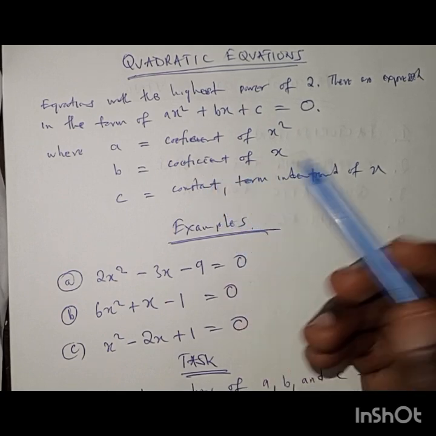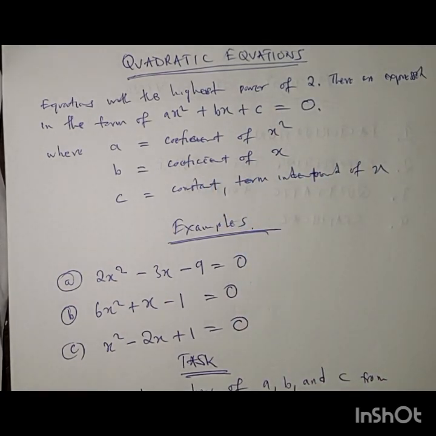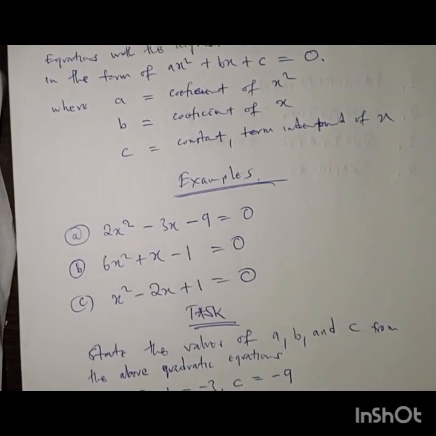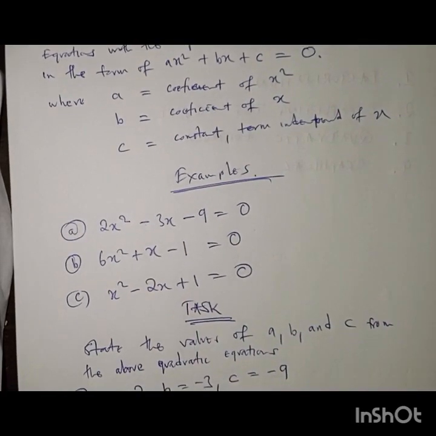Okay, so where a is the coefficient of x squared, b is the coefficient of x, and c is a constant, and that is a term independent of x. Okay, then we had examples of quadratic equation there. So you just state the values of a, b, and c.